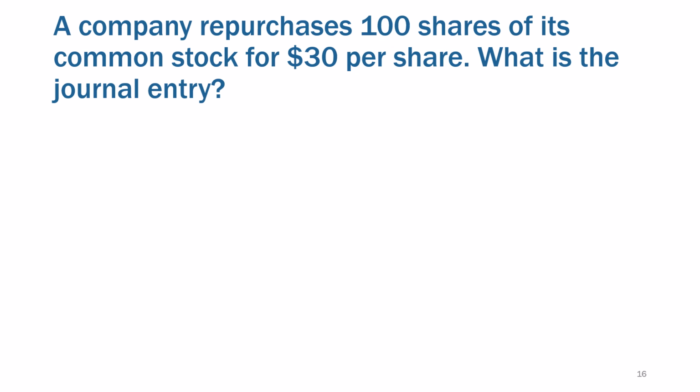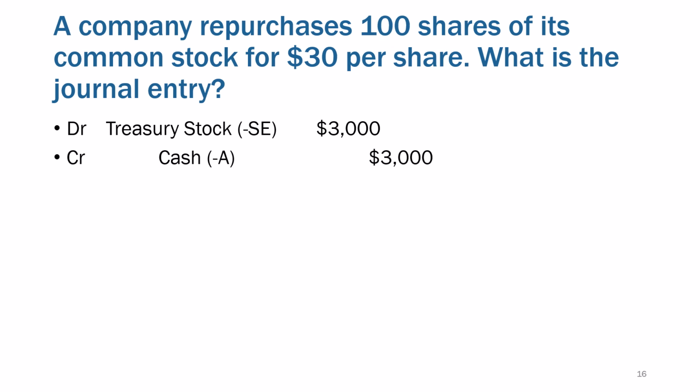A company repurchases 100 shares of its common stock for $30 per share. What is the journal entry? Well, the debit in that situation is going to go to treasury stock for $3 grand. It's the 100 shares times $30 per share, and the credit is going to go to cash for that $3 grand.